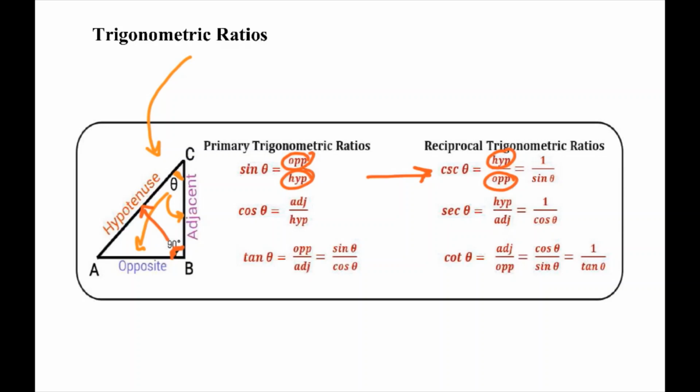Now when it comes to cosine, it's adjacent over hypotenuse, and the reciprocal secant, hypotenuse over adjacent. Finally, tangent is opposite over adjacent, which is sine over cosine, and the cotangent is the reciprocal of tangent.